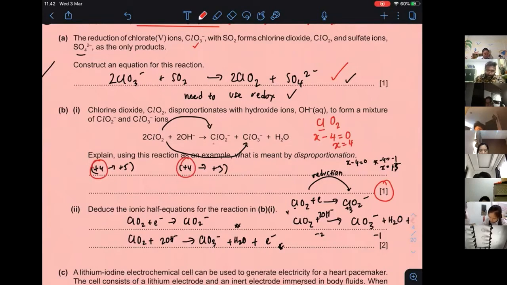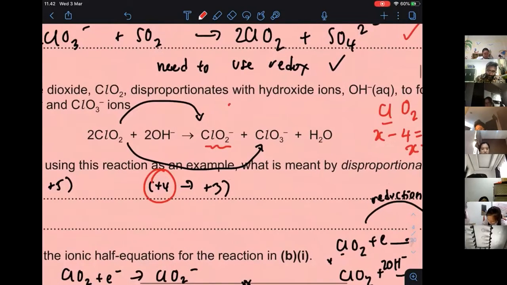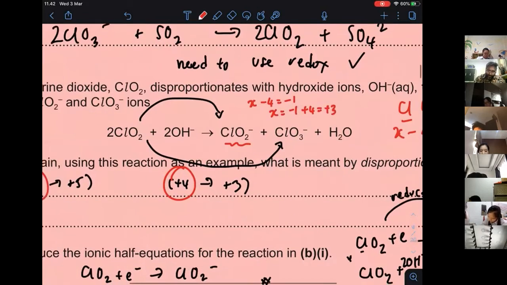Now let's calculate for Cl over here. So x minus 4 equals negative 1, x equals negative 1 plus 4. I'm going to get plus 3. So this is going to be ClO2 becoming ClO2-. Include that information. This is going to be reduction.